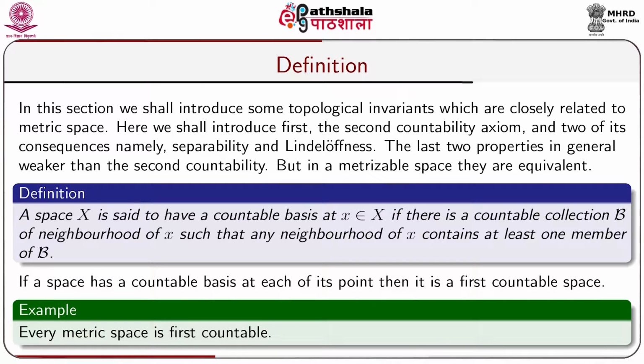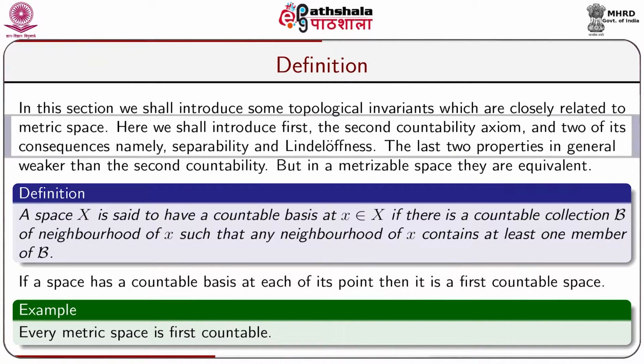As we have told, in this section we shall introduce some topological invariants which are closely related to metric spaces or metrizable spaces. Here we shall introduce the first and second countability axioms and two of its consequences, namely separability and Lindelöfness.